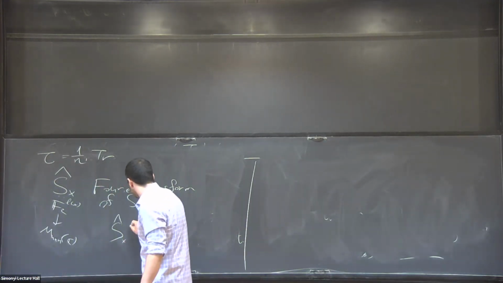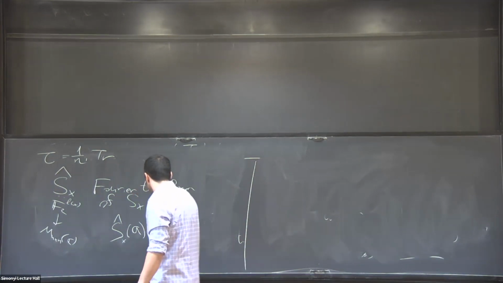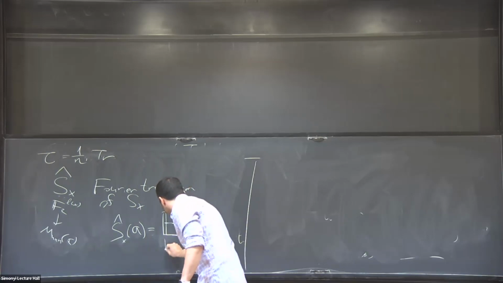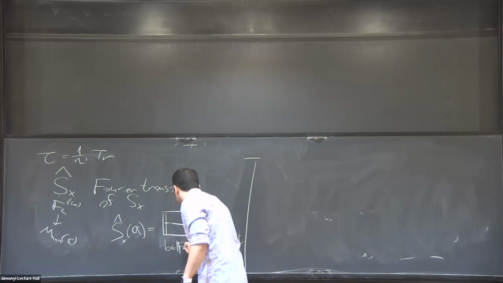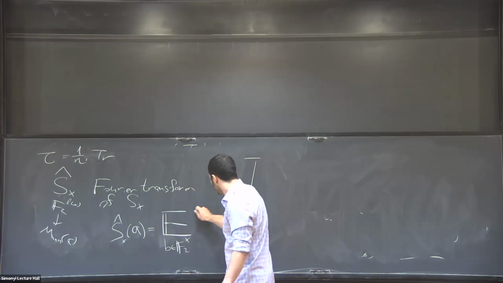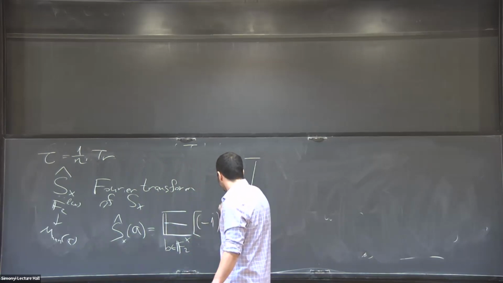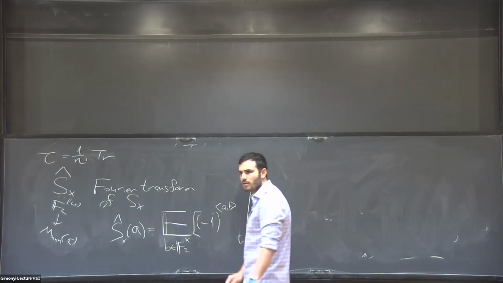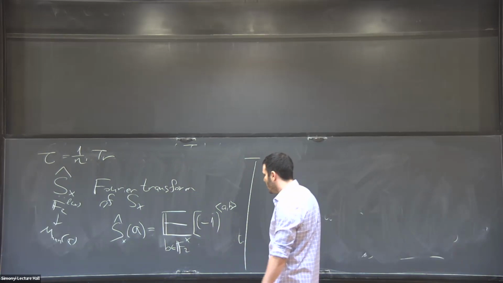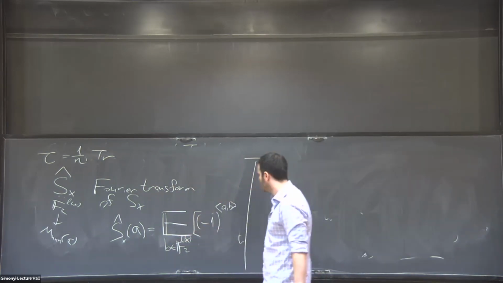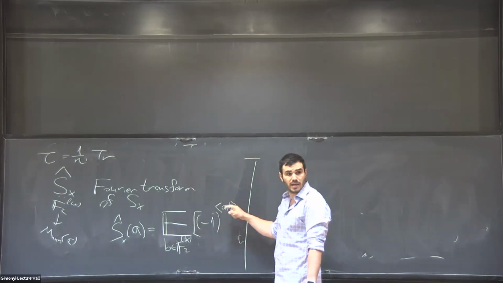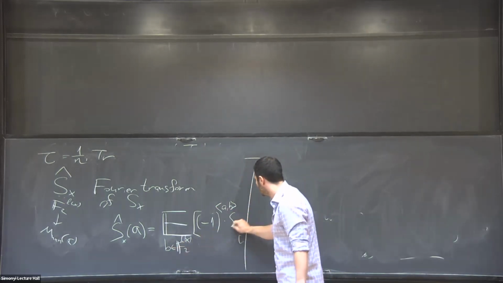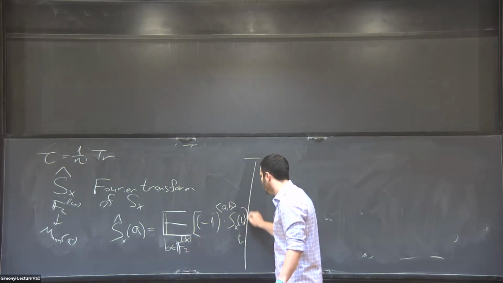So Ŝx of some A is the expectation over all B's in F2 to the X of (-1) to the dot product of A and B, times the unitaries that you actually get from the B's, so Sx of B.